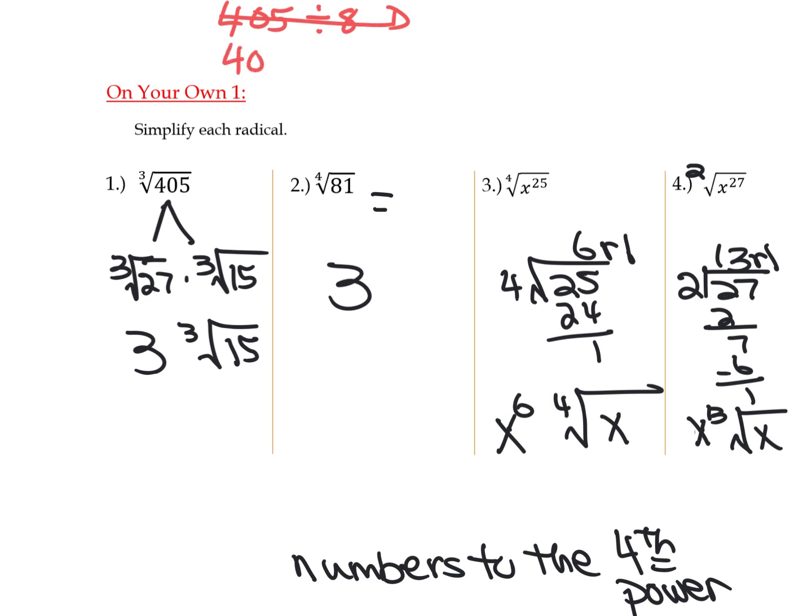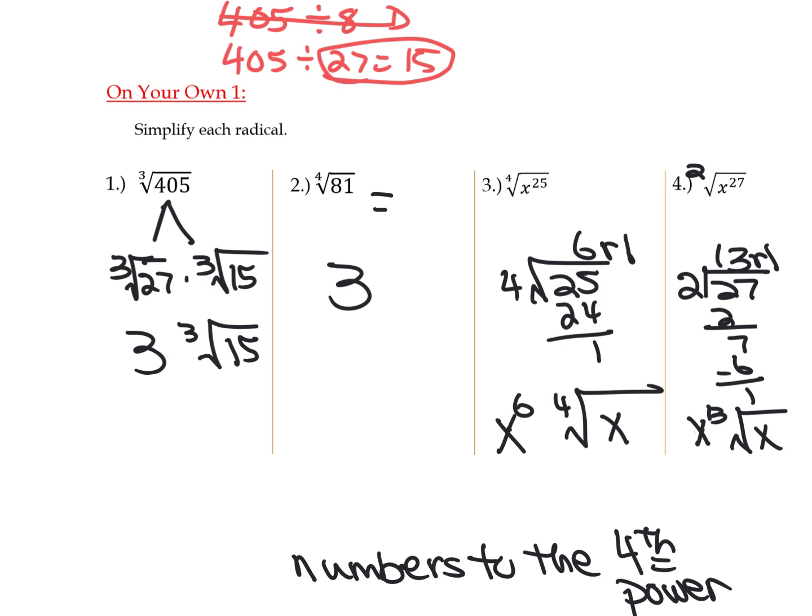I divide 405 by 27, it is equal to 15, and that tells me that I'm going to use those as my 2 factors. So I break this down as the cube root of 27 times the cube root of 15. The cube root of 27, when I type into Desmos, is plain 3, and the cube root of 15 cannot be broken down.